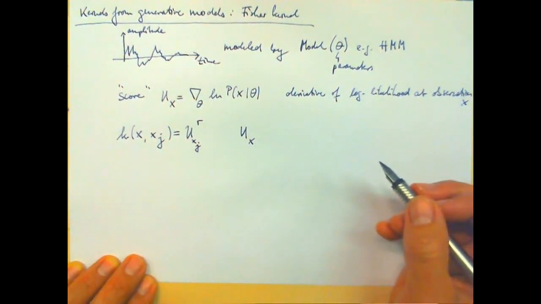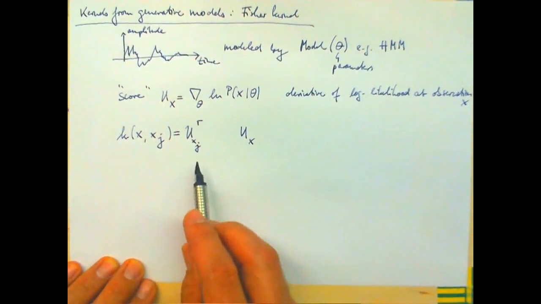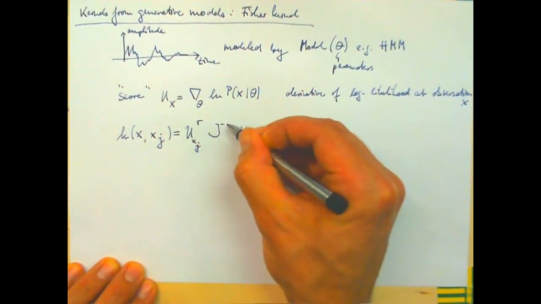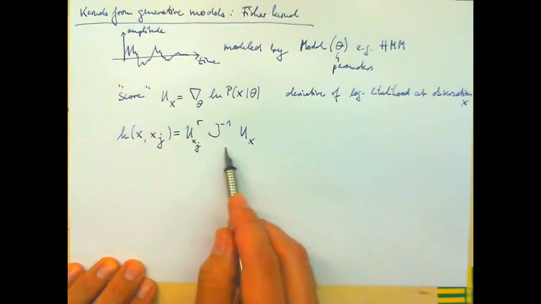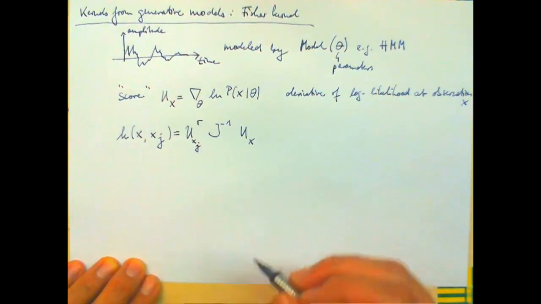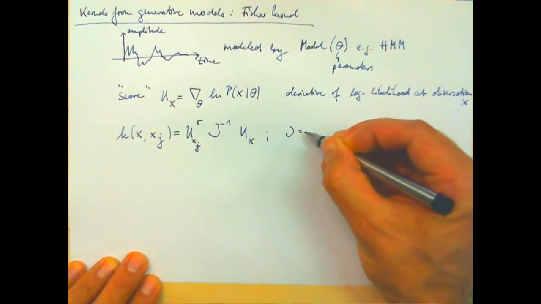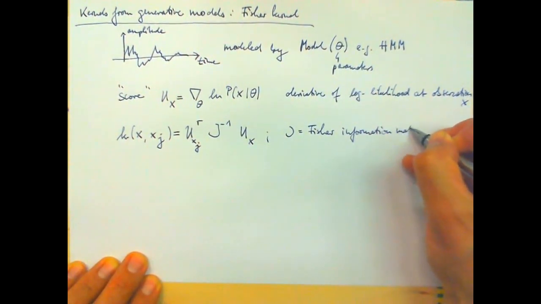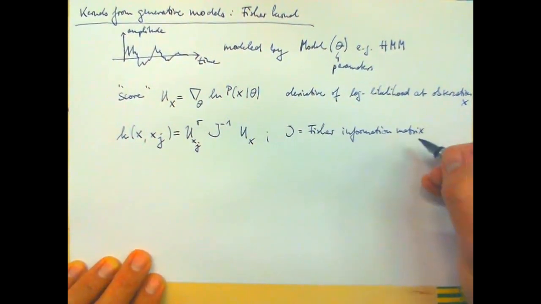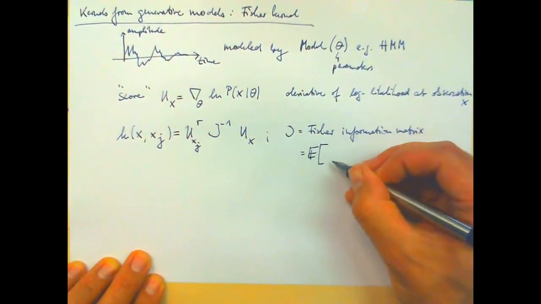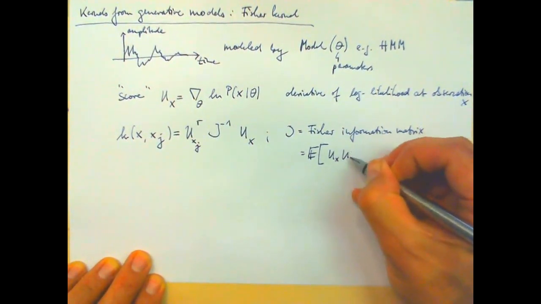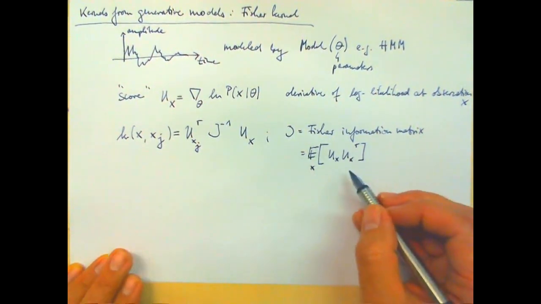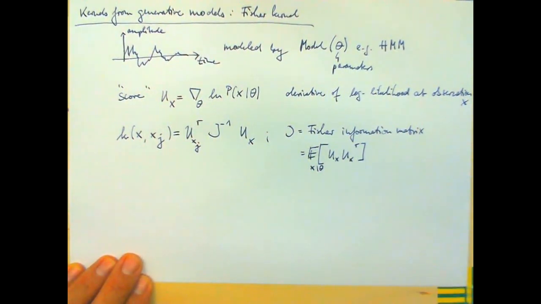Where I'm doing one more thing, namely, in the sense of a Mahalanobis distance, I am computing something like a skewed distance here, where I is the Fisher information matrix, the expectation of the score evaluated for a specific parameter set.